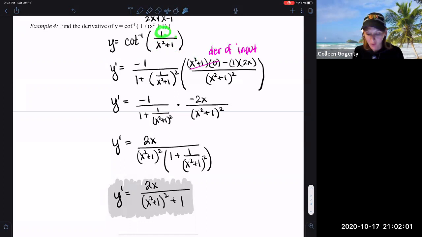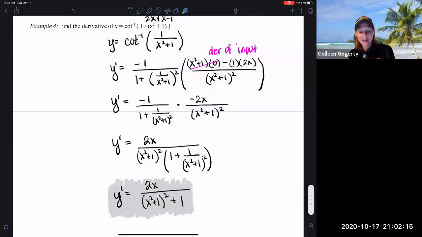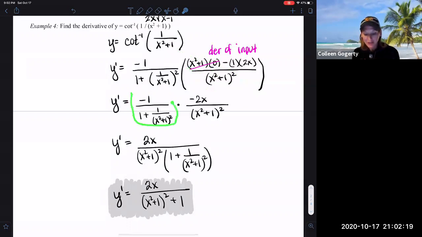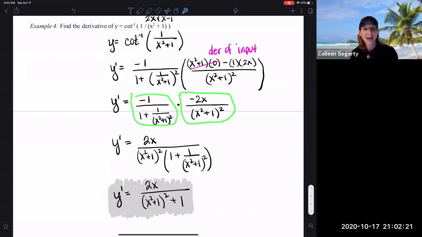Well, derivative of 1 is 0 minus, well, the numerator times the derivative of the denominator, okay, over the denominator squared. All right. It's kind of nice because when you multiply by 0, that goes away.